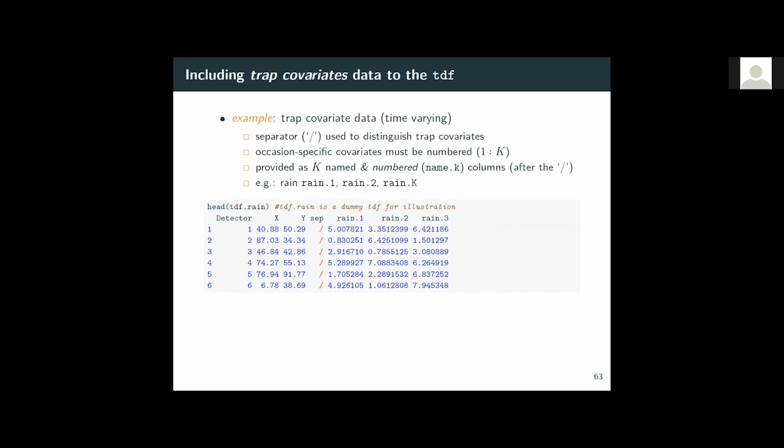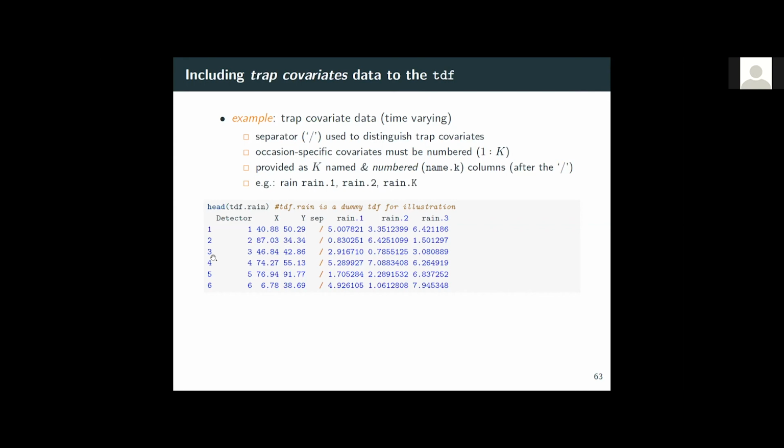The way we provide these time-varying covariates is, again, they appear after the separator column. This is telling data to oSCR that this side is trap covariates, and this side is structural information about cameras or detectors. Then we have a column for each occasion. Again, we have 3 occasions here.